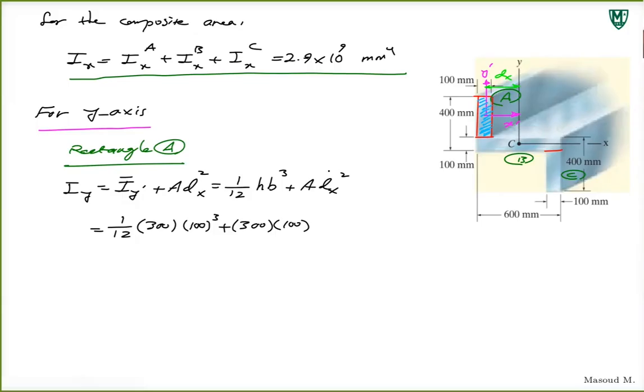So the area of the rectangle multiplied by the distance between two axes squared. Now, what is that distance? 250. 250, exactly. Thank you, Tom. 250 squared.